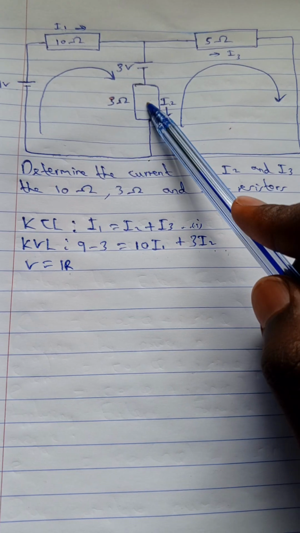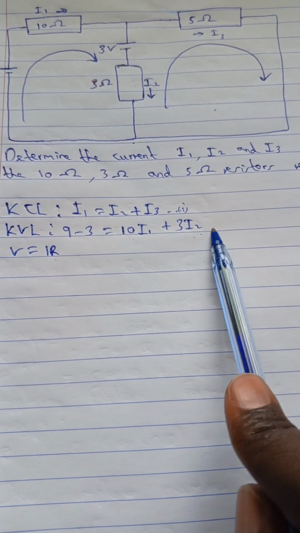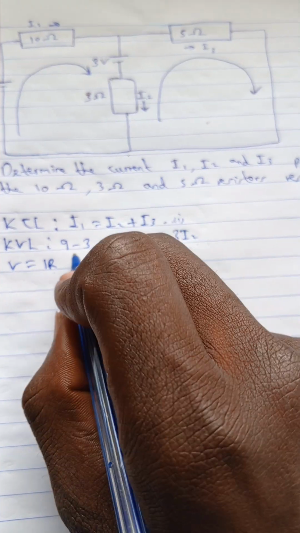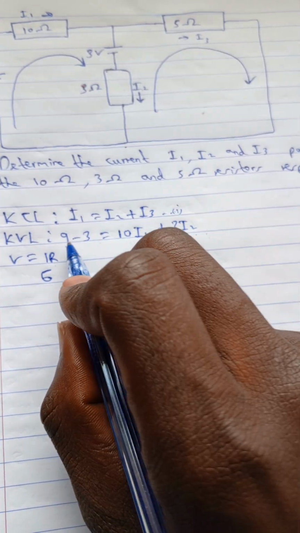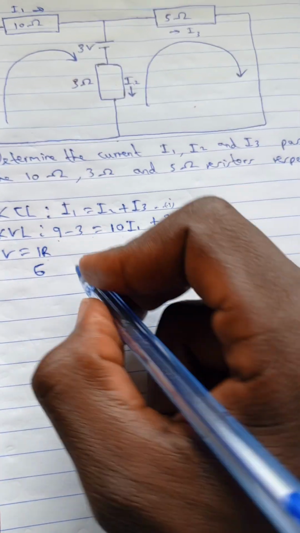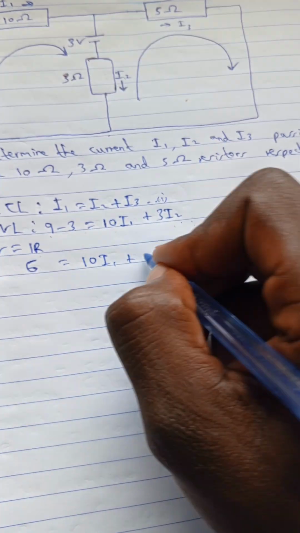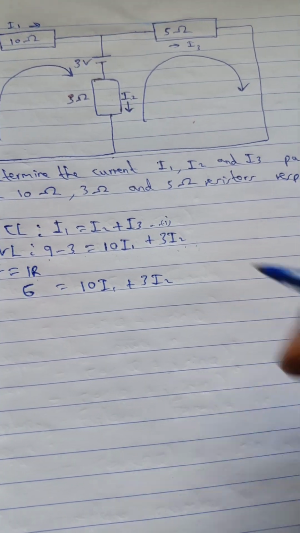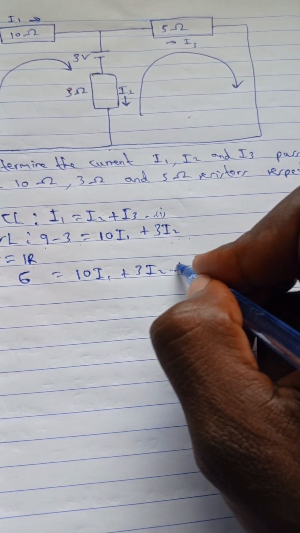The same to this case. So that is where we are getting 10I1 plus 3I2. Then simplify this one, you get 6, that is 9 minus 3, you get 6 is equal to 10I1 plus 3I2. That one we can let it be our equation 2.